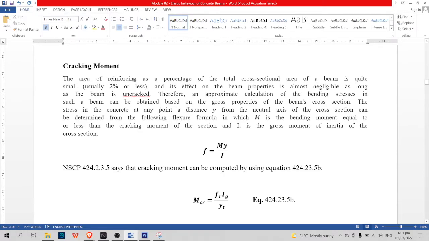Okay, the area of reinforcement as percentage of the total is quite small, usually 2% or less.